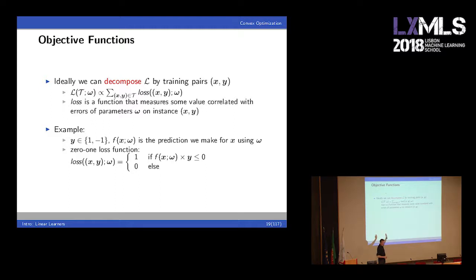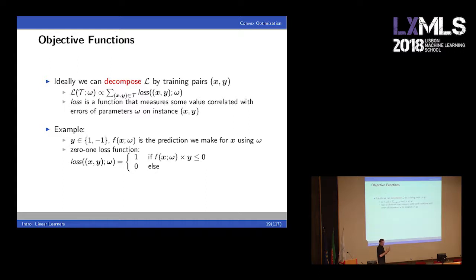As you can see, the convex optimization setup is really not a machine learning setup, it's an optimization setup. So we want to optimize an objective on the training data.